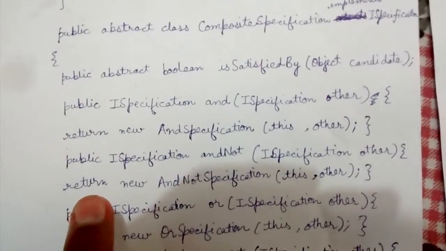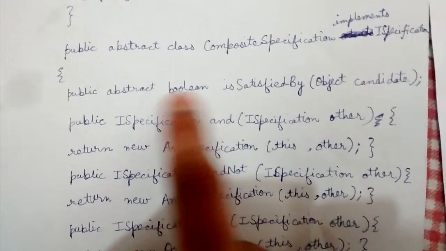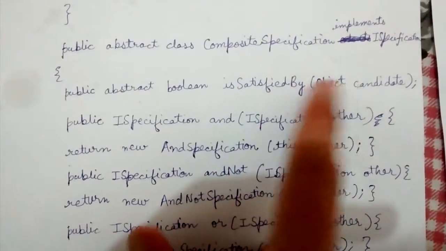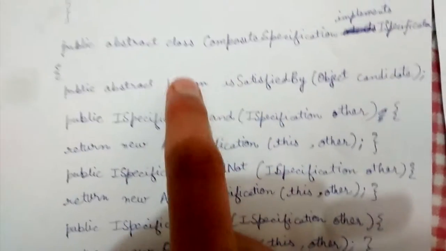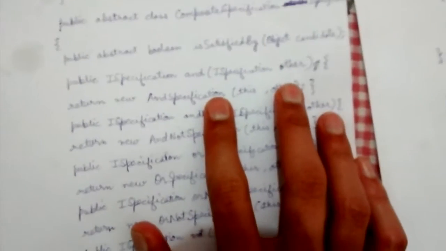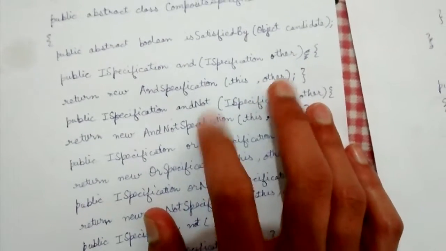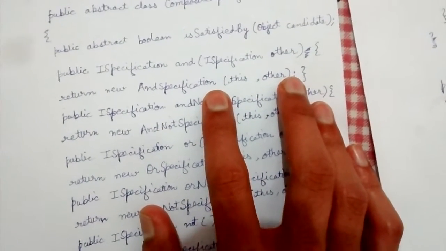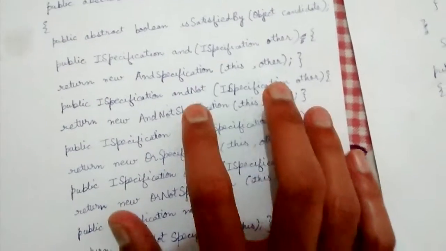This is a composite specification class, which is an abstract class. It also has an isSatisfiedBy method, which is abstract, because composite specification is just a child of this interface, and it's basically used to combine these business rules. So it is defining the methods and, or, and not.